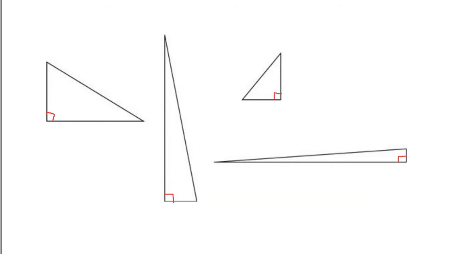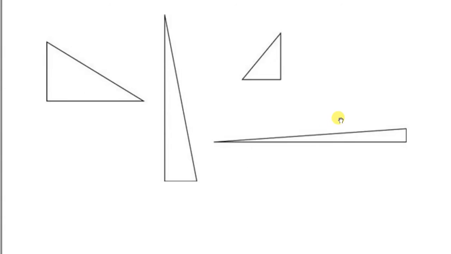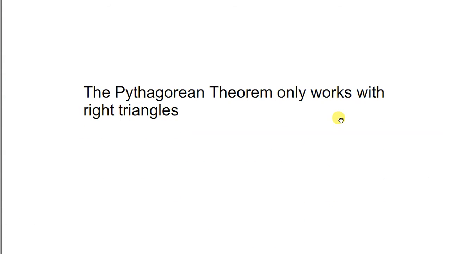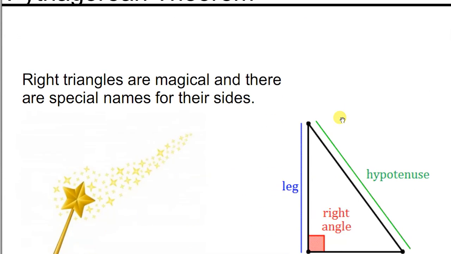So these all are right triangles because they all have right angles on them. The Pythagorean theorem only works with right triangles. So what you're about to learn will only work with right triangles.